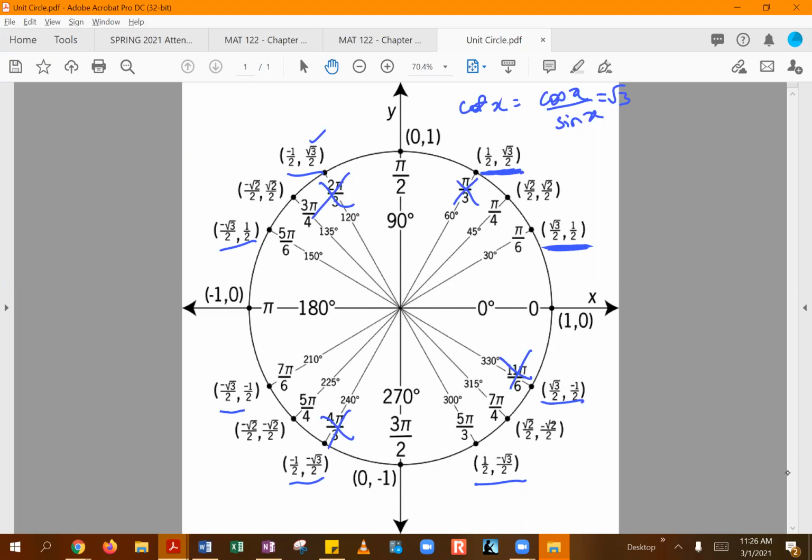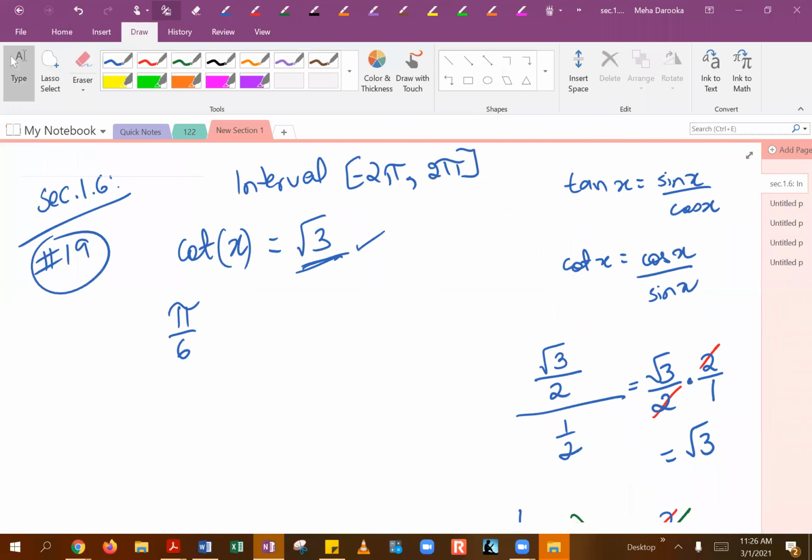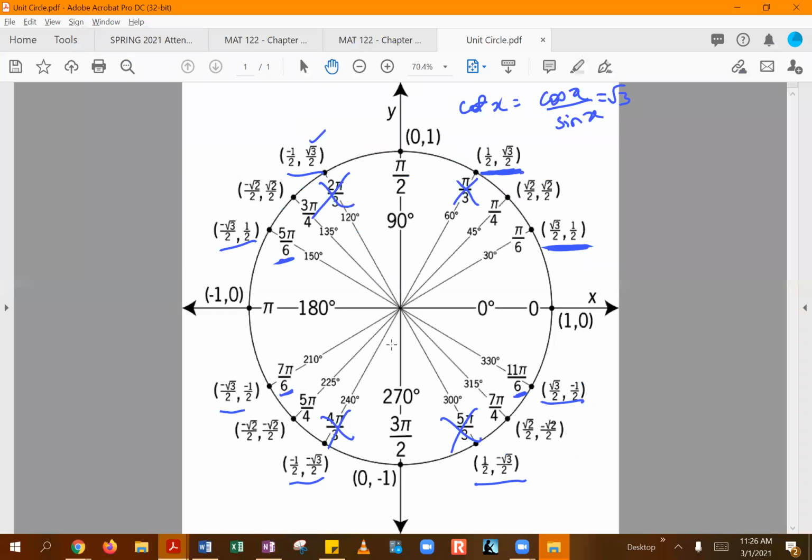Now, can we use 5 pi over 6? Can we use 7 pi over 6? Sorry, I did the wrong one. I cannot use this one. This one should be okay. And can I use 11 pi over 6? Which one of these will give me cotangent of x equals square root of 3 only?